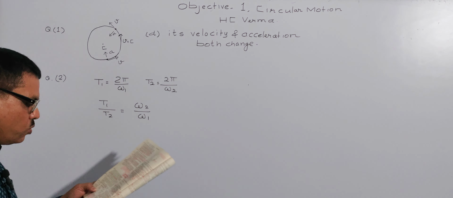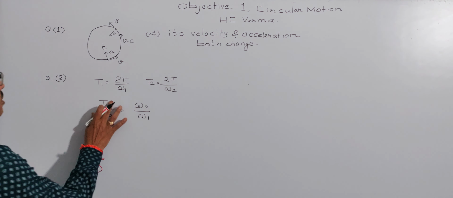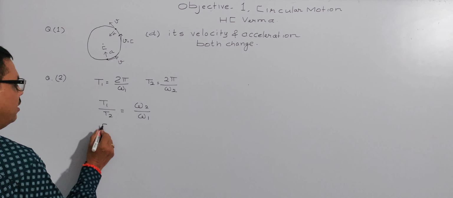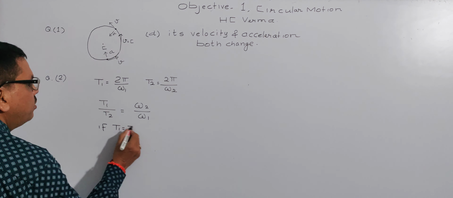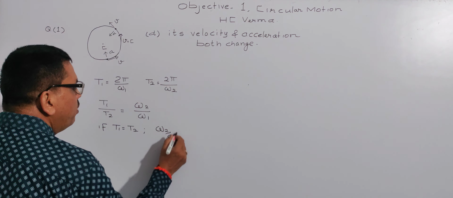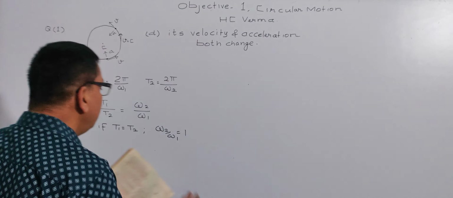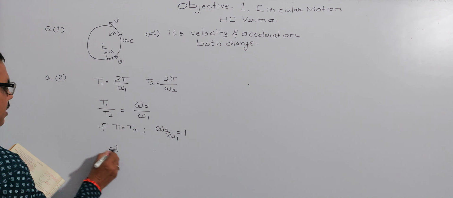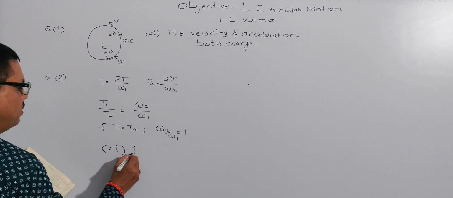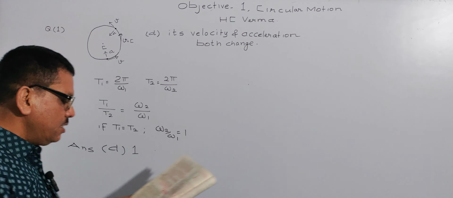Now the question says that if they complete the circle in equal time, it means t1 and t2 are equal. If t1 is equal to t2, what we observe? The ratio of omega 2 by omega 1 is 1. So what is correct answer? D is correct answer, that is 1. Is it clear?